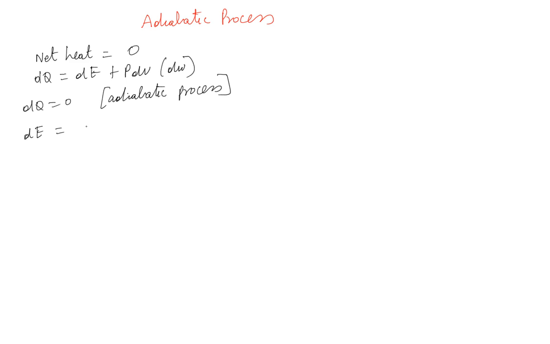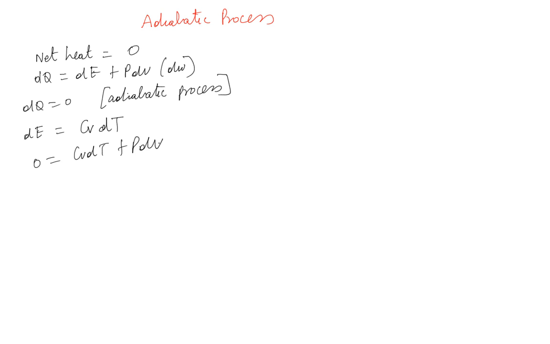So basically, dE is going to be Cv dT, which we have actually talked about in the last class. And for adiabatic process, this reduces to Cv dT plus P dV.